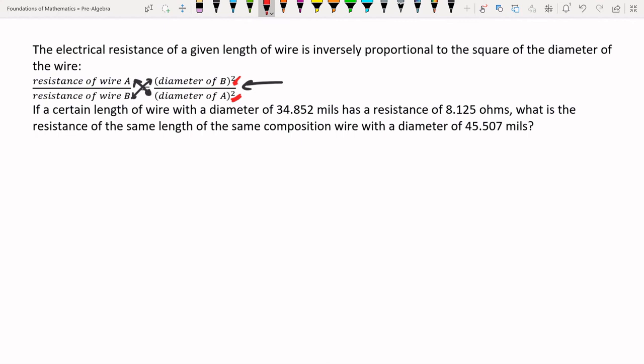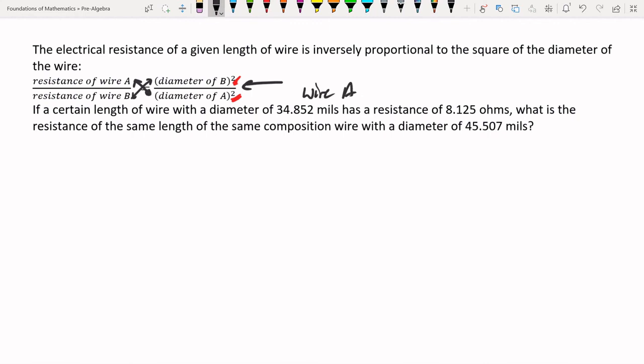So if the length of wire has a diameter of 34.852 mils and has a resistance of 8.125 ohms, let's say that that's going to be wire A. Put in black here.